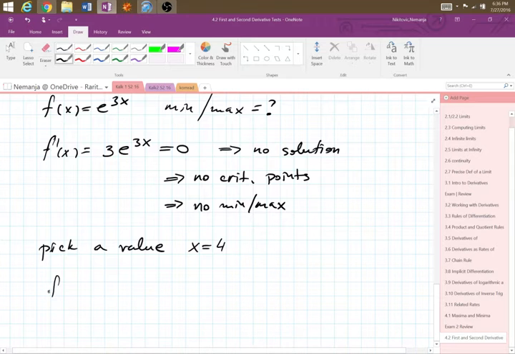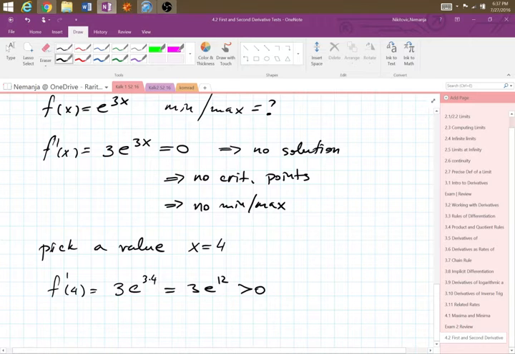So we do f prime at 4, which is 3e to the 3 times 4, which is 3e to the 12. That's larger than 0. I don't care how much this is. I know it's larger than 0. E to the 12 is going to be a large positive number and then times 3. So who cares?